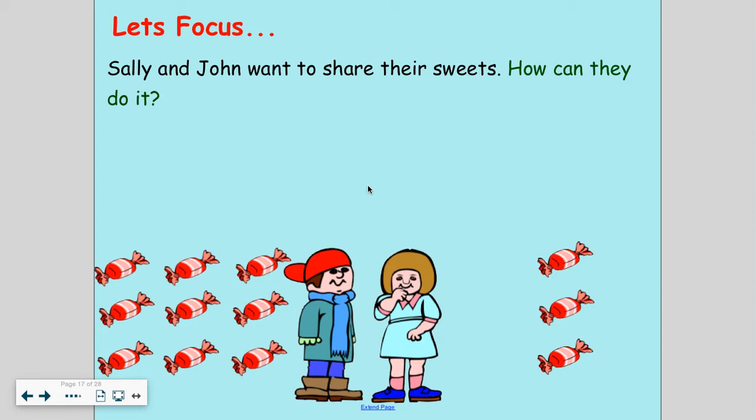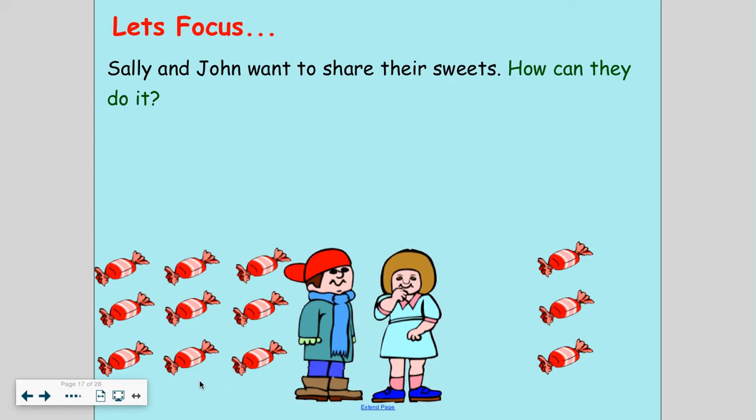Now, if we look at how I have shared the sweets, I haven't shared them equally. I have shared them unequally. Poor Sally. She's only got 3 sweets. But John, he has quite a few more.